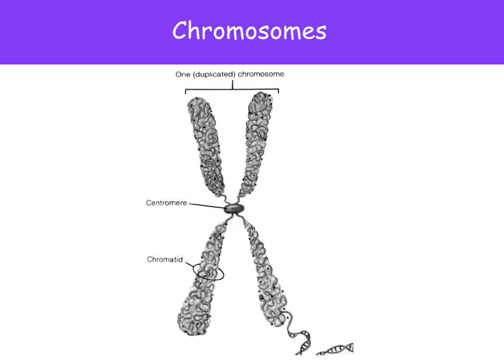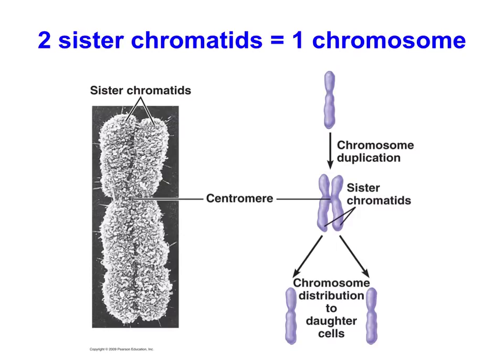Here it's made up of a pair of chromatids that are joined together by a centromere. This centromere can be found anywhere along the length of the chromosome. So after duplication, the chromosome comprises a pair of sister chromatids joined together by a centromere. The chromatids are identical to one another.